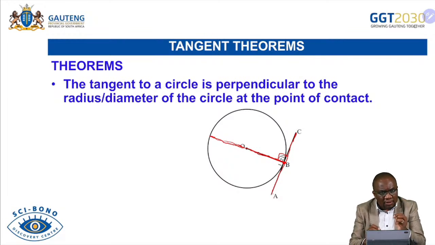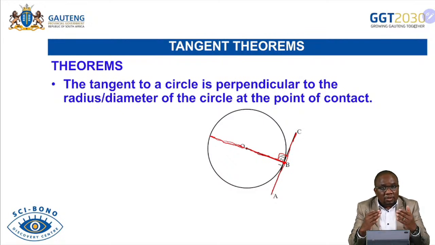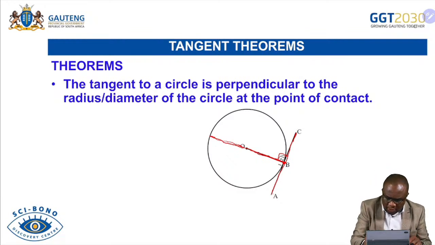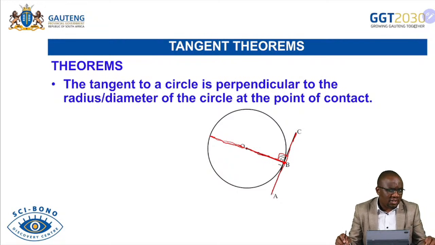So at that point, where the radius meets the tangent, they will be perpendicular to each other. So a tangent is perpendicular to the radius or diameter at the point of contact. At this point B here, the tangent and the radius are perpendicular to each other. Perpendicular means how many degrees? It means 90 degrees. Do you agree?